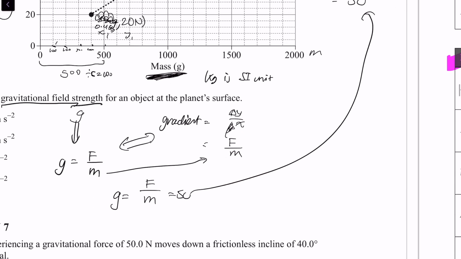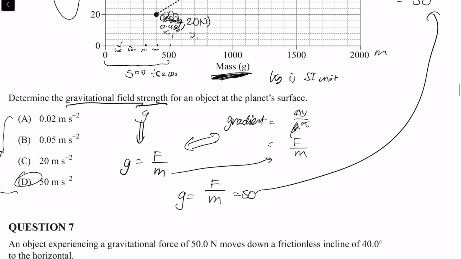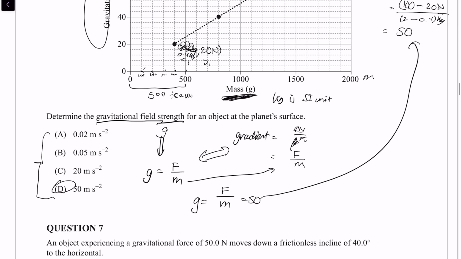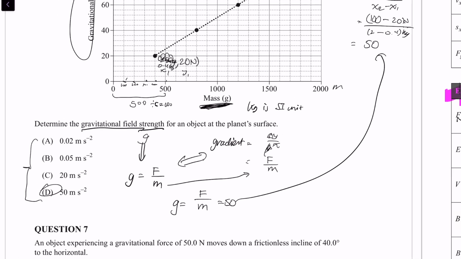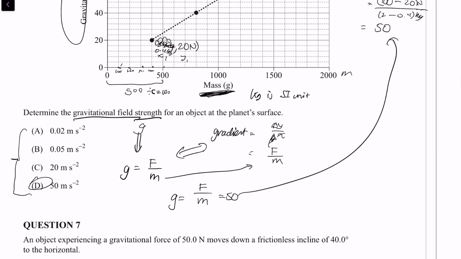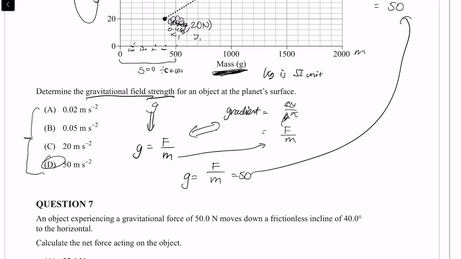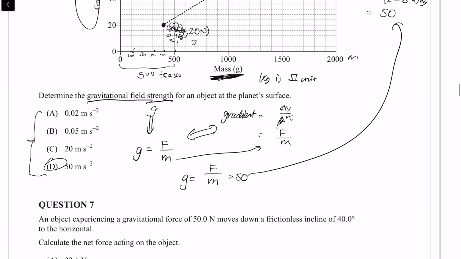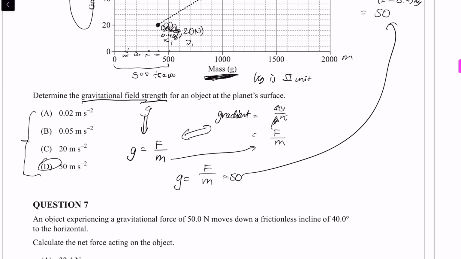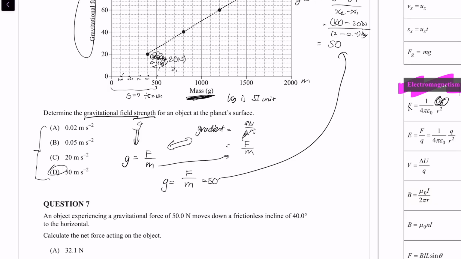So I tricked you there. It is actually 50. I was getting a bit worried there if I had to restart, but really it's just about checking that it's the right answer, okay? I didn't really know what the gradient was until I actually checked, and so that's where I can actually confirm, yes, it is indeed 50 meters per second squared, or gravitational field strength.